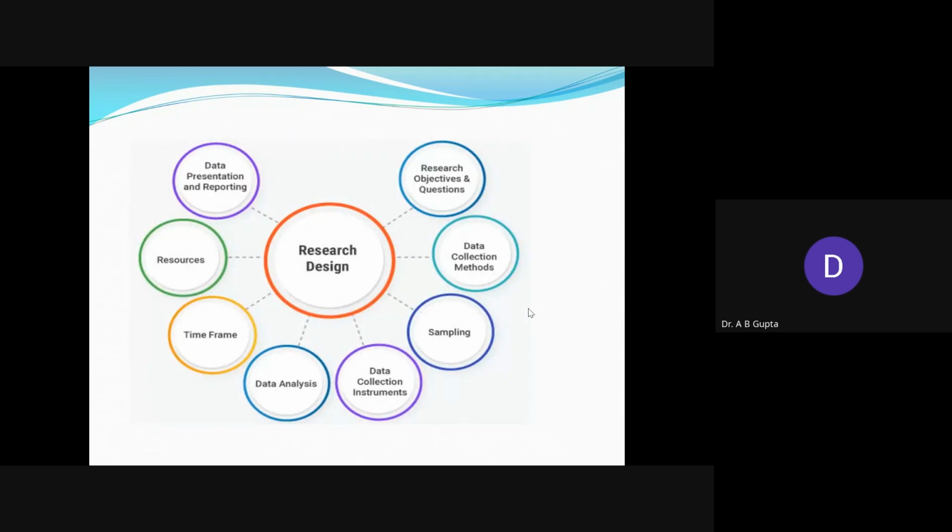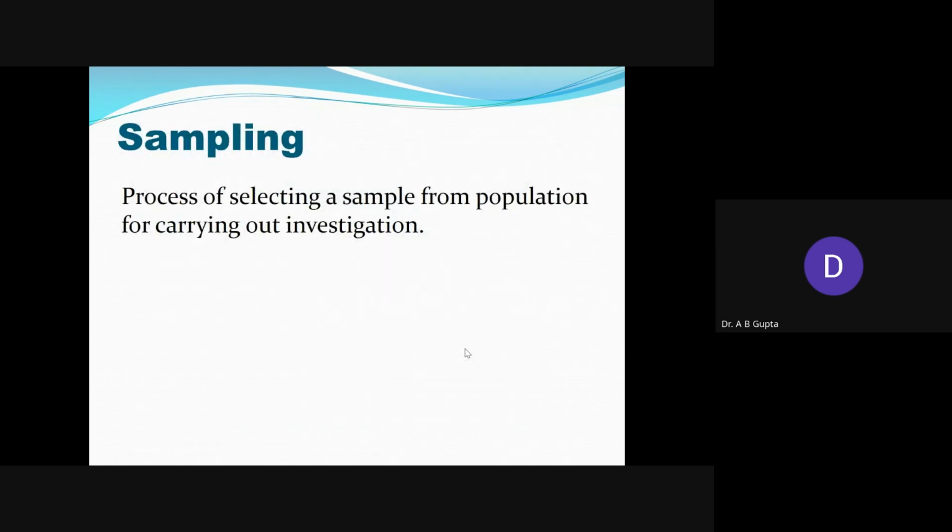See here, something is very, very important, that is sampling. Of course, again, we are having a separate session on sampling, but one or two slides I would like to show you on what is sampling. Because in research, one very important aspect is collecting the data, and sometimes you will have a feeling that there is a large amount of data you have to collect.